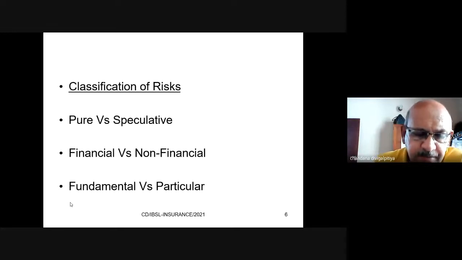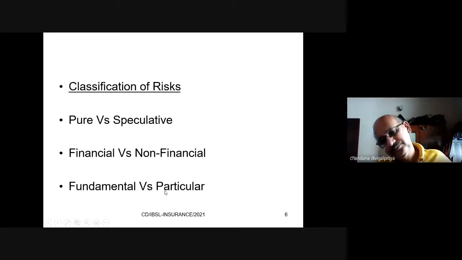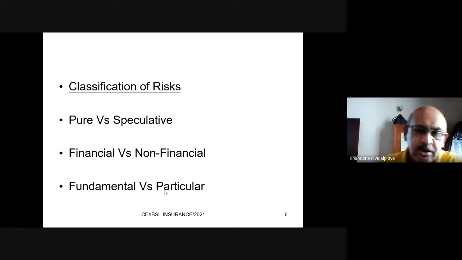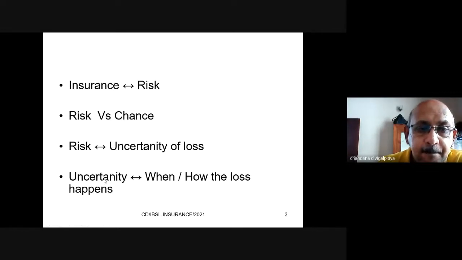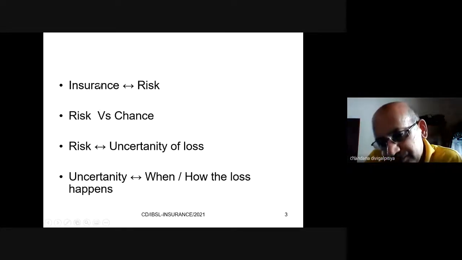Now I took the motor car example, motor car accident, it's a pure risk. Financial risk, particular risk. Right? And if a risk has these three elements only, you can insure.